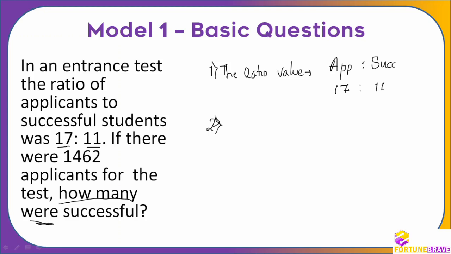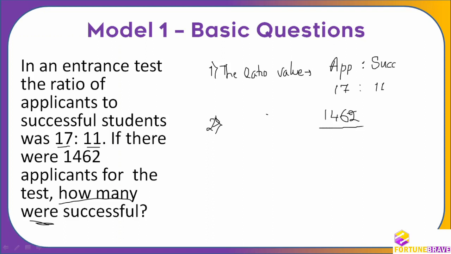This you keep in your mind. There will be some questions where they will only give you ratio values, and you will not be able to find out actual value. In this case, you will not be able to find the actual value unless and until they give the second part, which we discussed, either the sum or the difference or one of the values. So what is given here? If there were 1462 applicants, so actual value of applicants is given, 1462.